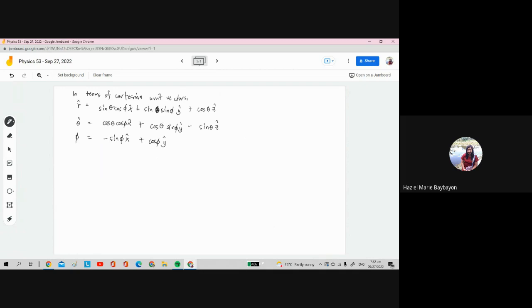Okay, so di siya parehas sa Cartesian unit vectors nga fixed, but these unit vectors change direction as P changes. Meaning, if we differentiate a vector expressed in spherical coordinates, or if we differentiate and integrate, dili siya constant, no? And then you cannot take r, theta, and phi outside an integral since they are not constant.